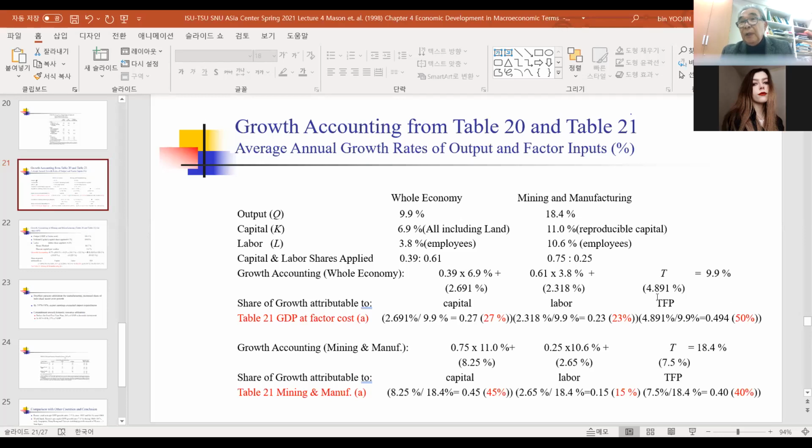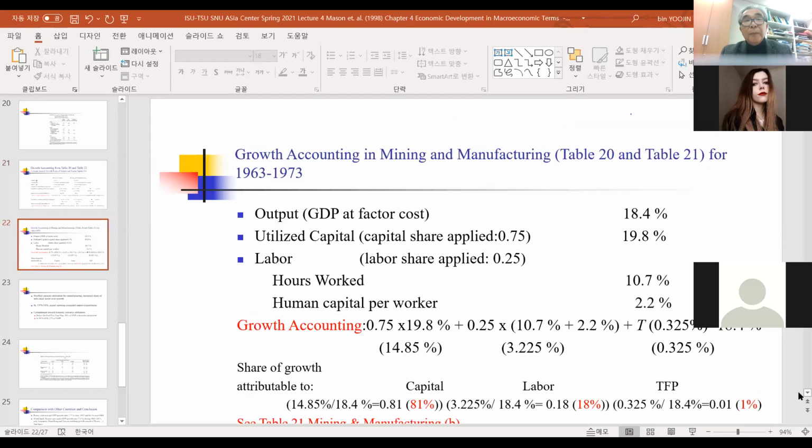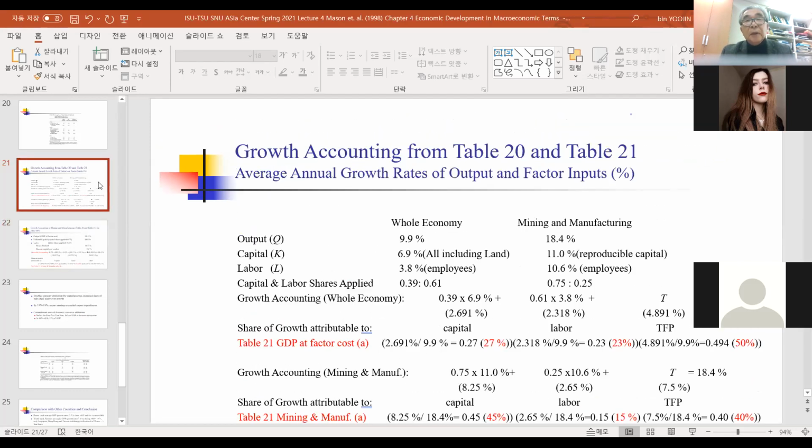So this T, 4.89%, was estimated, not observed from the data. There was no data for T. You see, from this identity, we end up with this TFP growth rate, 4.89%. Did you get it? There's one more, maybe. I will explain table 21, GDP at factor cost.